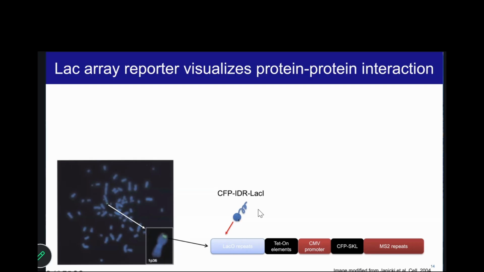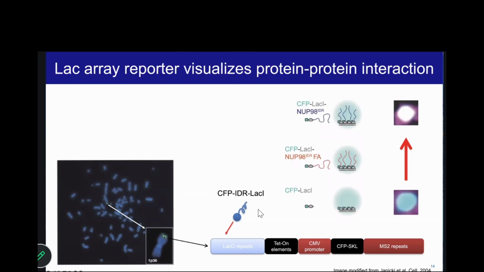And the way this works is when you fuse the protein of your interest, in this case the IDR of NUP98, to LacI, this protein binds to this repeated sequence, and we can image this fusion protein because it is also fluorescently labeled. And on top of that, if you do the staining for the potential coactivator or partner that has been recruited into this focus, then you can see the change of the color. So that's the quantification method for protein-protein interaction.